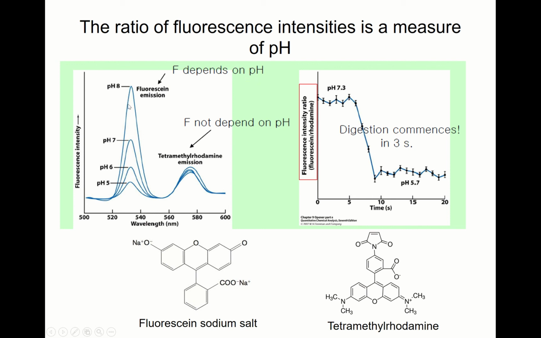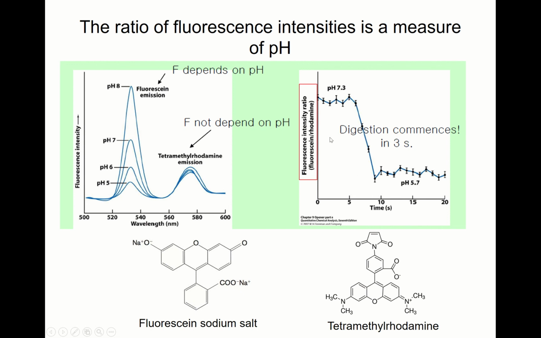As the solution becomes more and more acidic, this fluorescent intensity gets smaller and smaller. But this peak doesn't change much. So by taking the ratio of these two peaks, we can estimate the pH inside the cell. That's the principle.